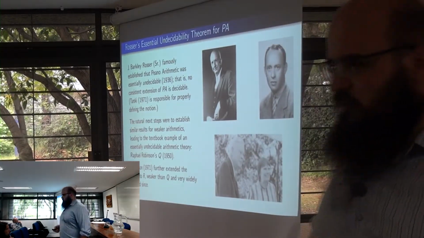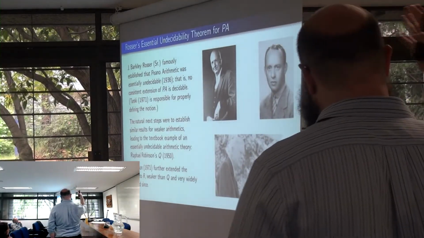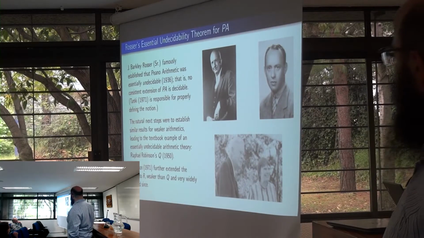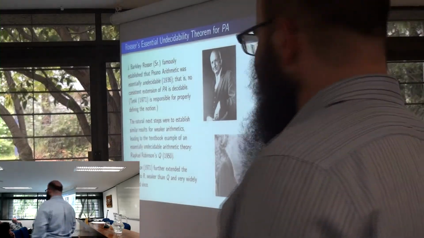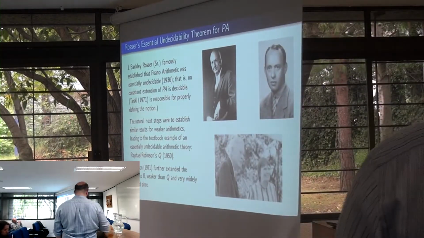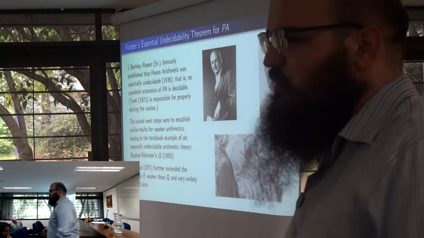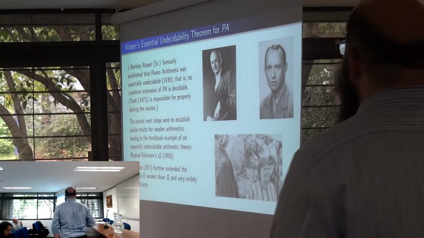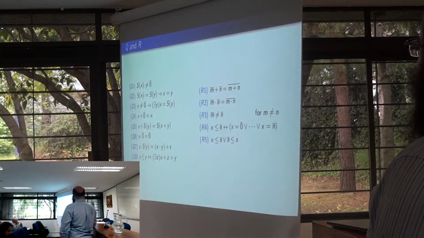And in a book co-authored with Tarski, this was further extended to R, which is weaker than Q, and is now very widely studied. There's a whole cottage industry of R studies. Unfortunately, not the right kind of R for this audience, but some kind of R or other. So that's the prehistory here.